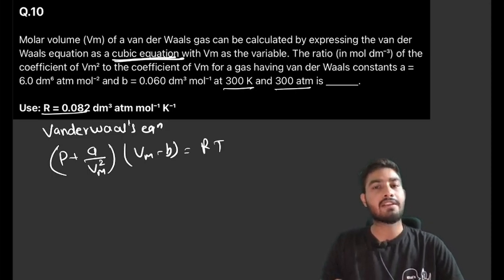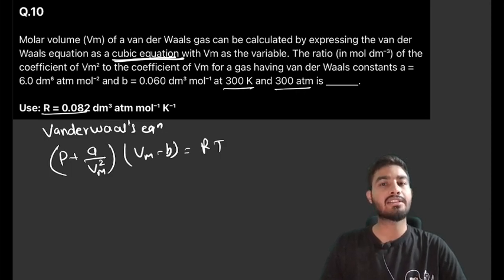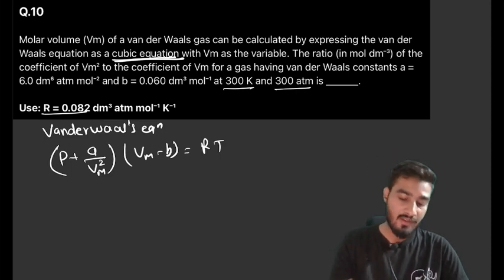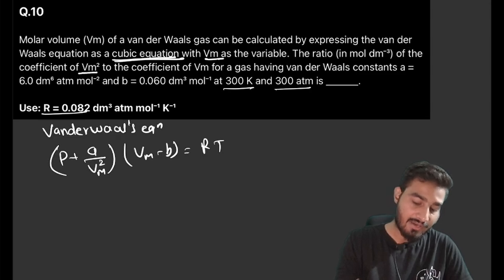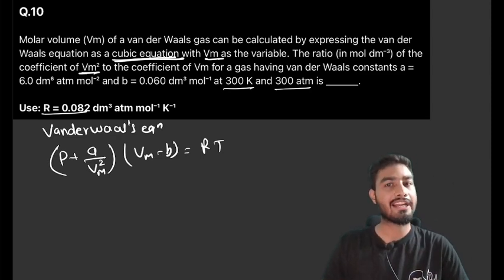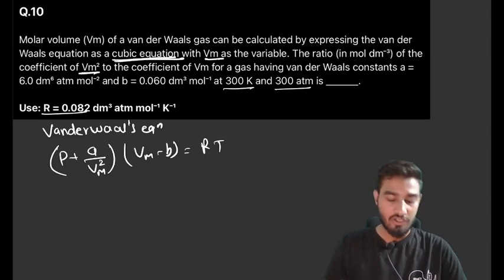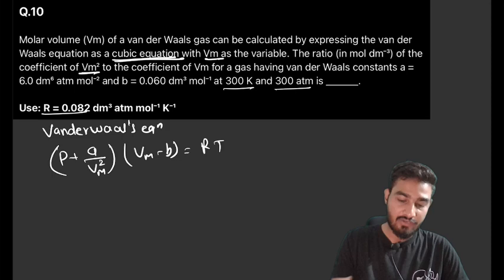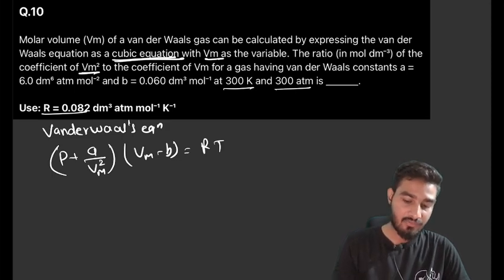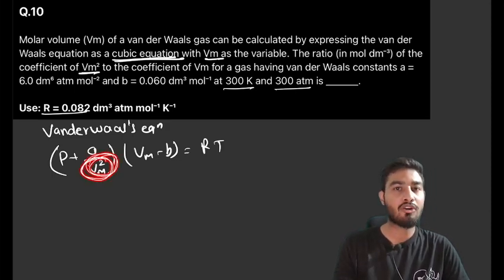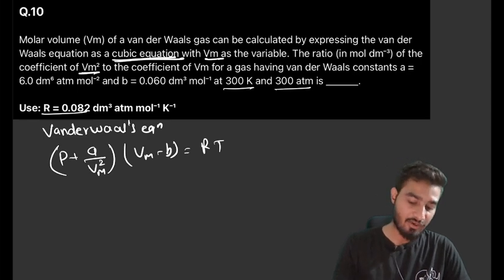That we have to convert first into a cubic equation, because in the cubic equation we have to take the coefficients of Vm and Vm square. That ratio is asked in the question. So first I can multiply the whole equation by Vm square, so the Vm square is removed from the denominator.